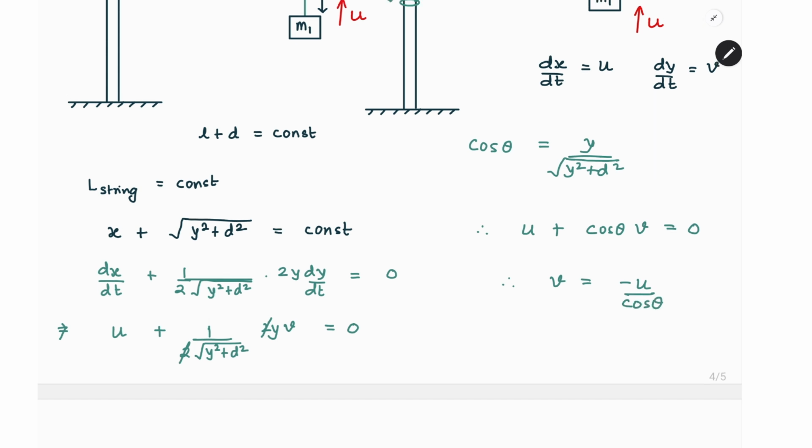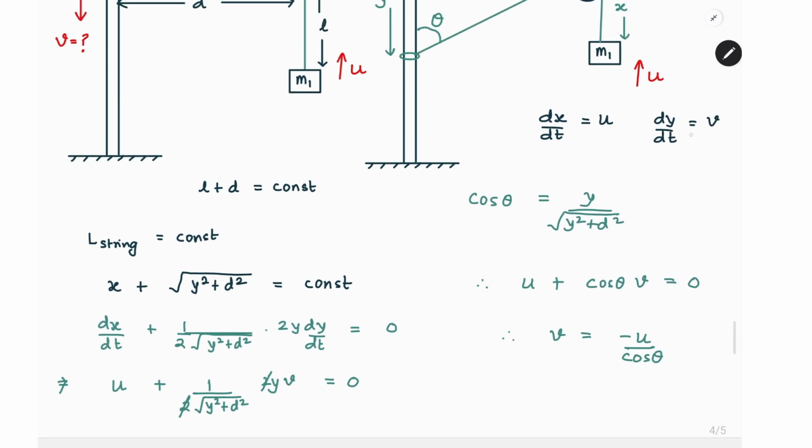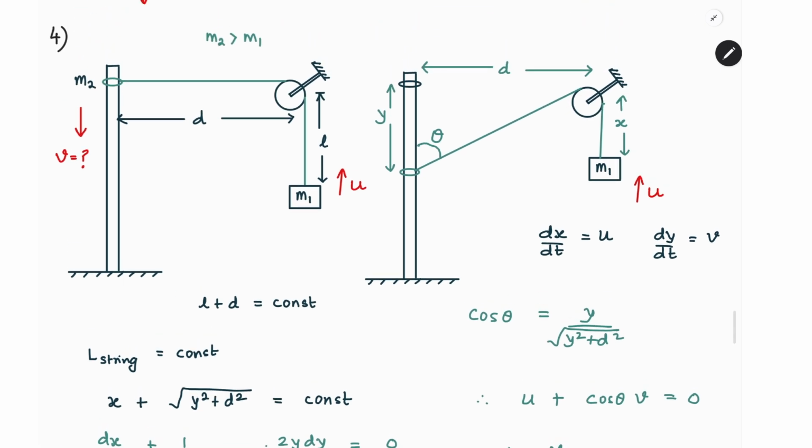Since we are writing just the magnitude, the answer is magnitude of v equals magnitude of u upon cos theta. This is the answer using the conventional method.